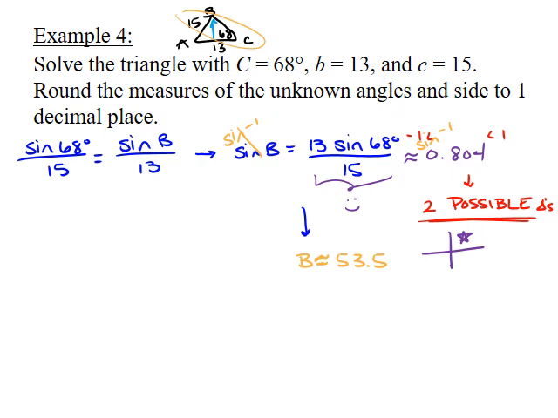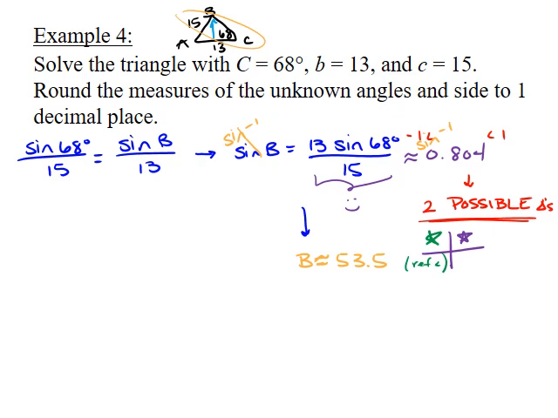But we know that sine is also positive in the second quadrant. So we need to use angle B as a reference angle and find the angle in quadrant 2 as well.